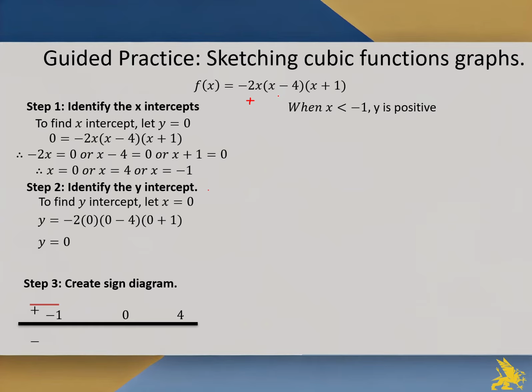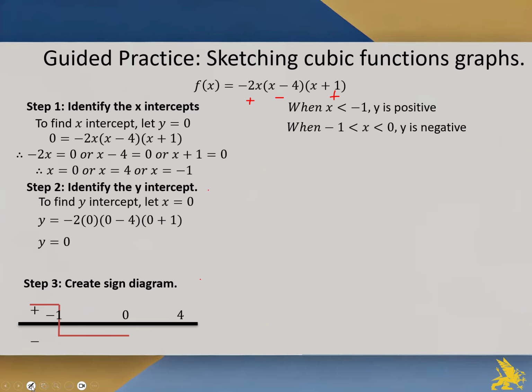Negative a half take away 4 is negative, and negative a half plus 1 equals positive. So straight away there, I've got a positive and a positive is a positive, and positive and a negative is a negative. So I'm in the negative area between -1 and 0.